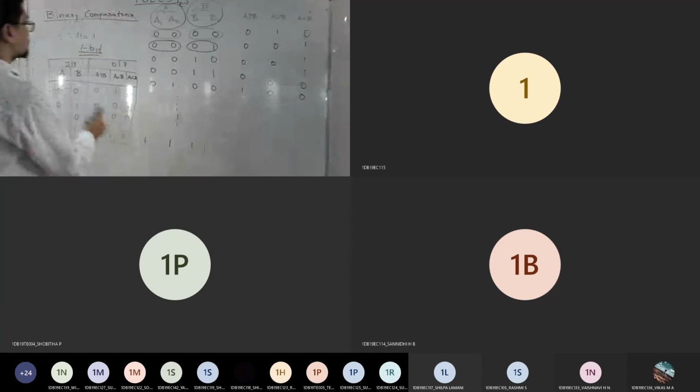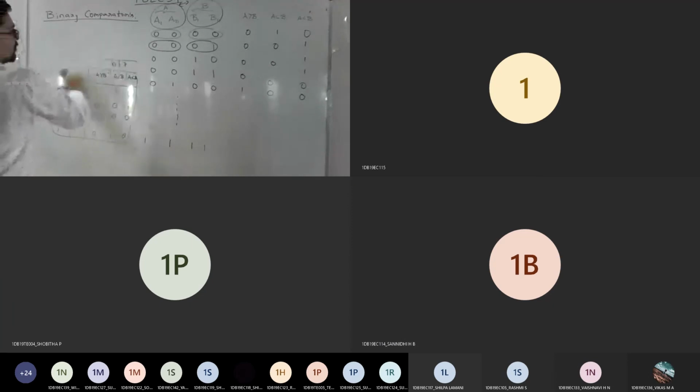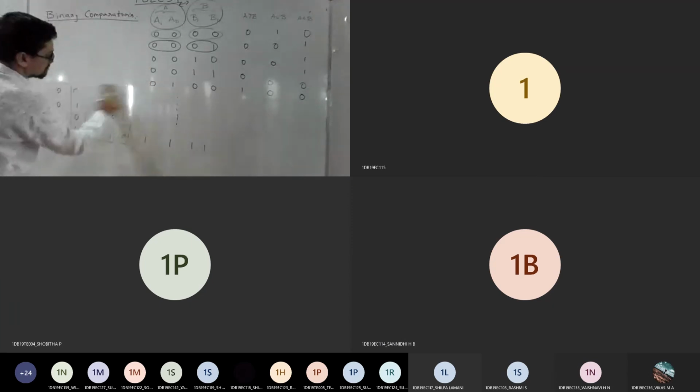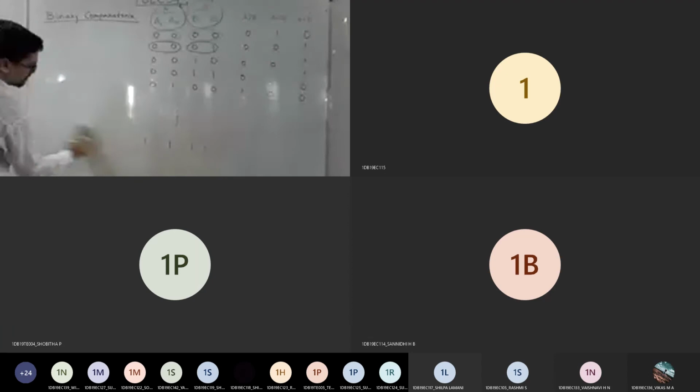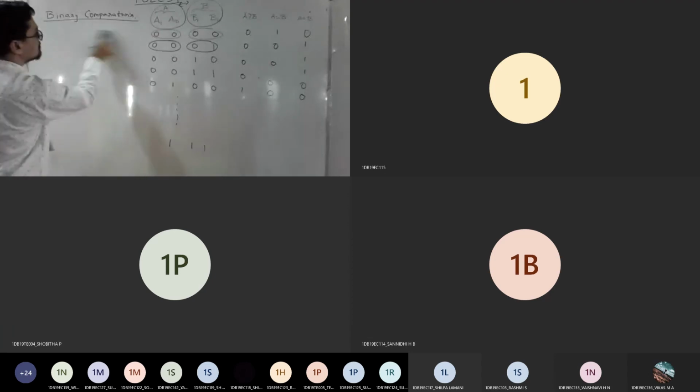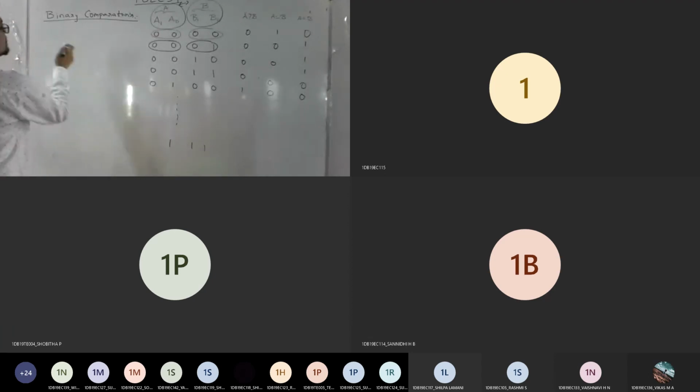So let me mark the things here so that we can plot a K-map easily. So finish off this table, everyone. I will just write the A equals B combinations here. As you told, for 0 0 0 0 you will get 1.